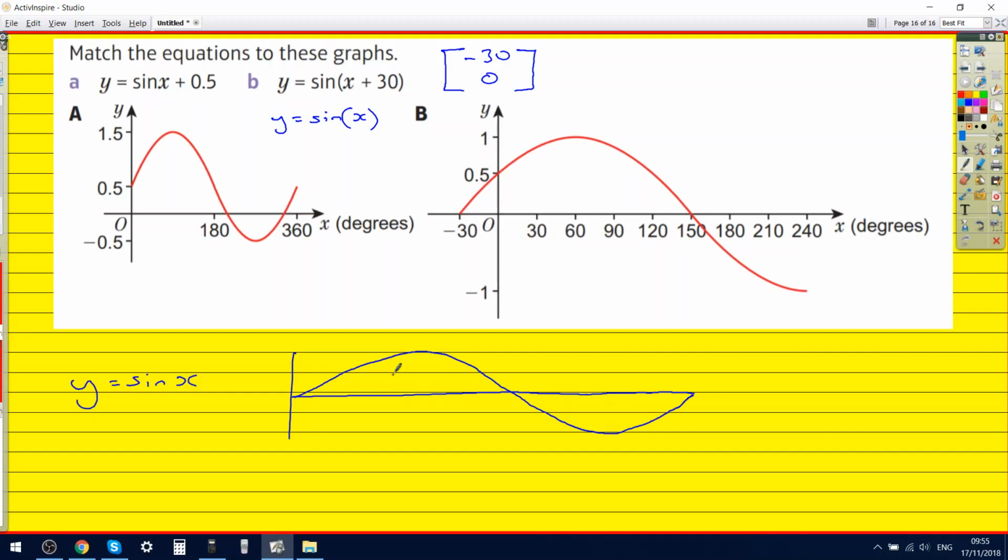So basically, if it's -30, 0, it's 30 to the left because it's -30.